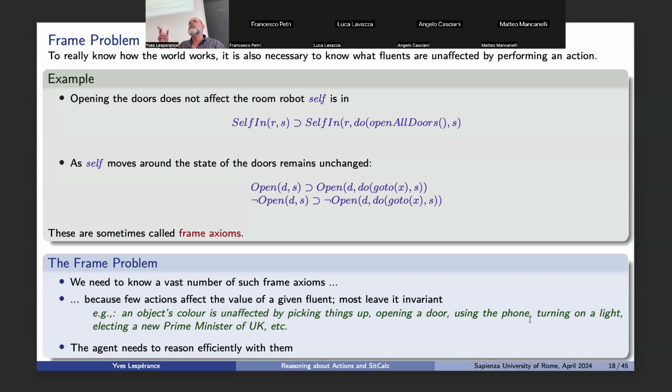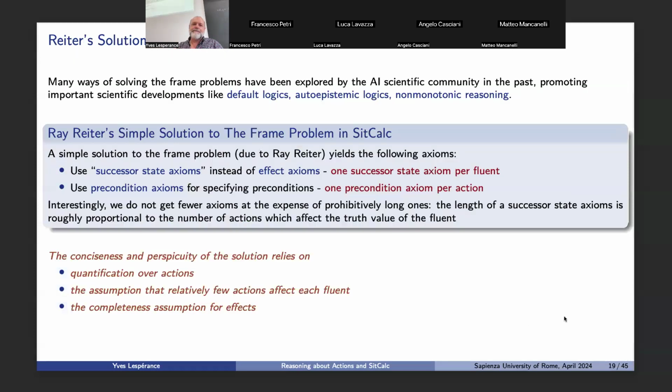And you actually need two axioms, one to say that if it's true, it remains true, and one to say that if it's false, it remains false.